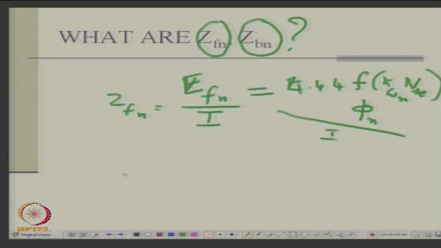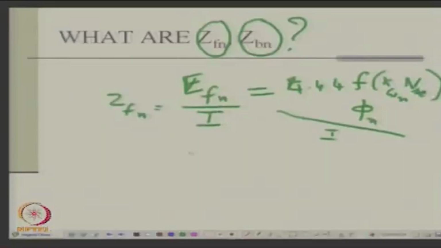And we also realize that this flux will have a rotor current effect also. This flux that is produced is the net air gap flux, not just due to the stator flux. Now, what should it contain? It should contain the rotor reaction.